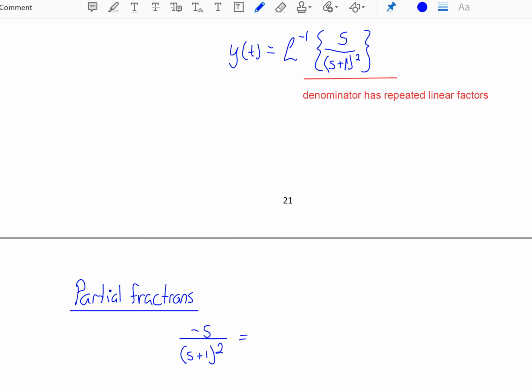But it's going to look like a constant a over s plus 1, so just the first power of your linear factor, plus b over s plus 1 squared.